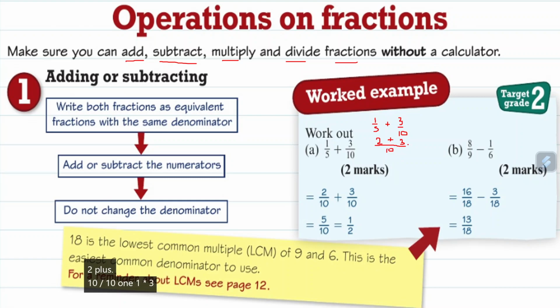You add both. 2 plus 3 will be 5 over 10. So if you simplify this, it will be 1 over 2.